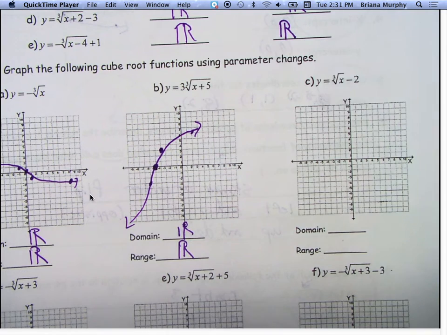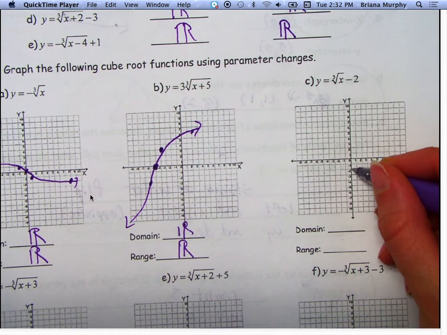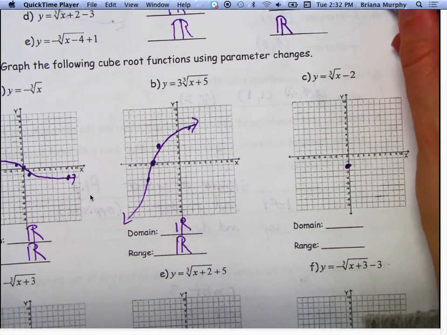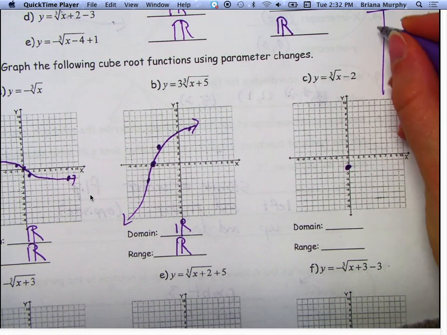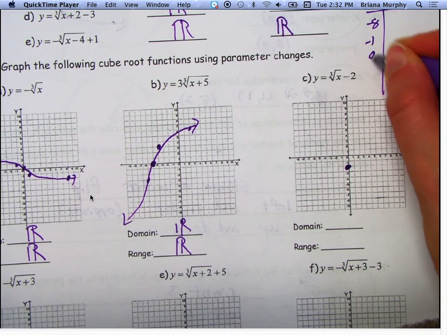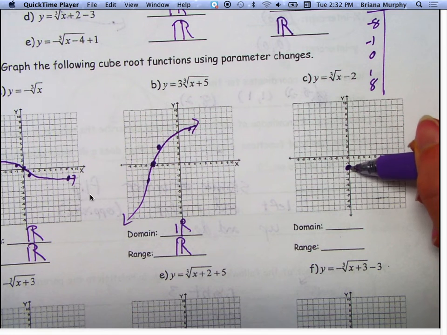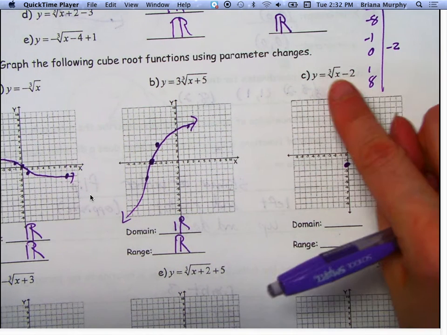So C, I'm at 0, 0, but I'm going to move down 2. I'm going to have negative 8, negative 1, 0, 1, and 8 as an example. At 0, I'm down 2. So at negative 8, what would I be?